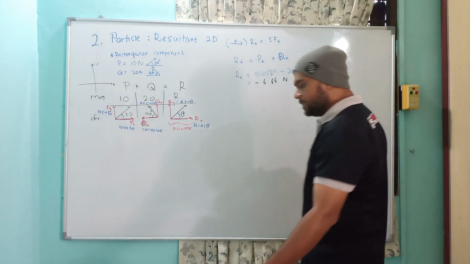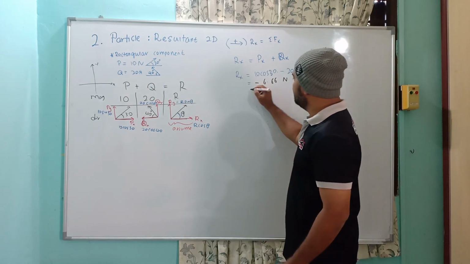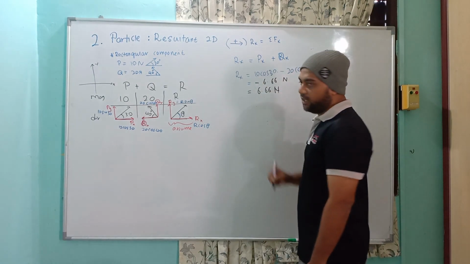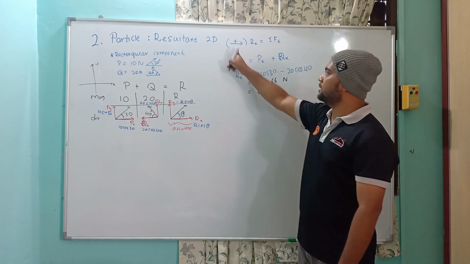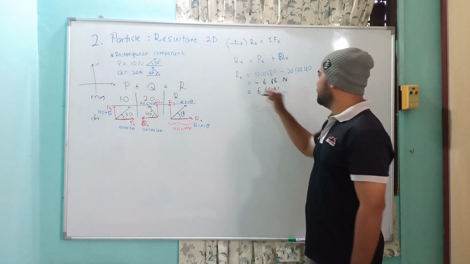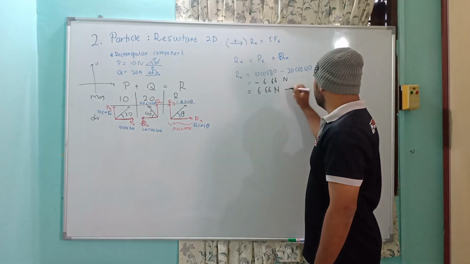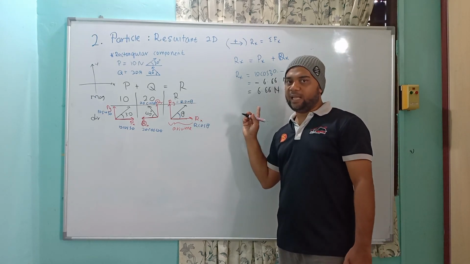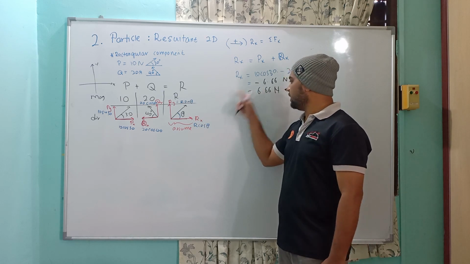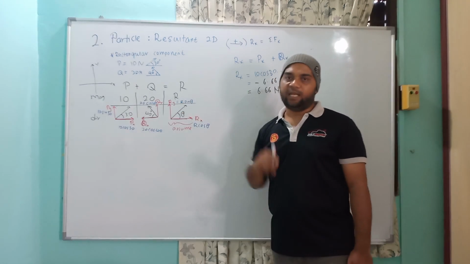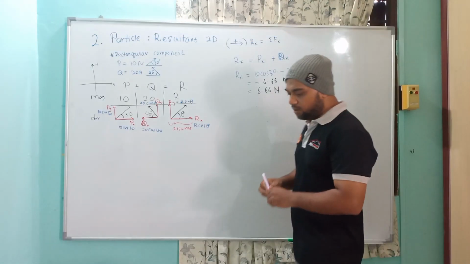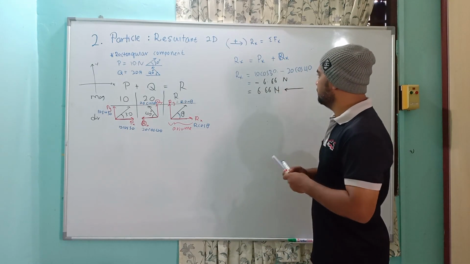What this minus means is that the value is 6.66 Newton in magnitude, and the direction is opposite from our positive direction. So first we assumed Rx to the right, but we got negative, meaning that it is actually to the left. So you get the correct Rx, which is to the left. Continue for y direction.